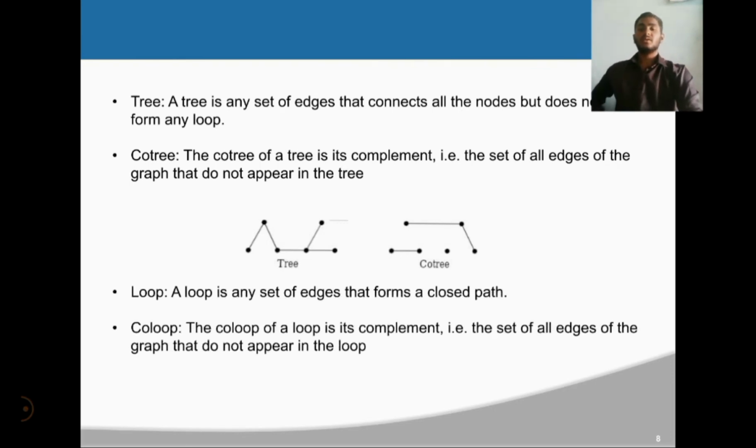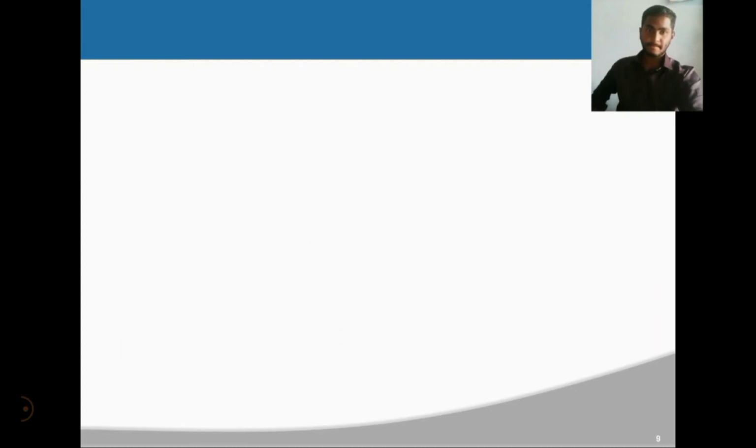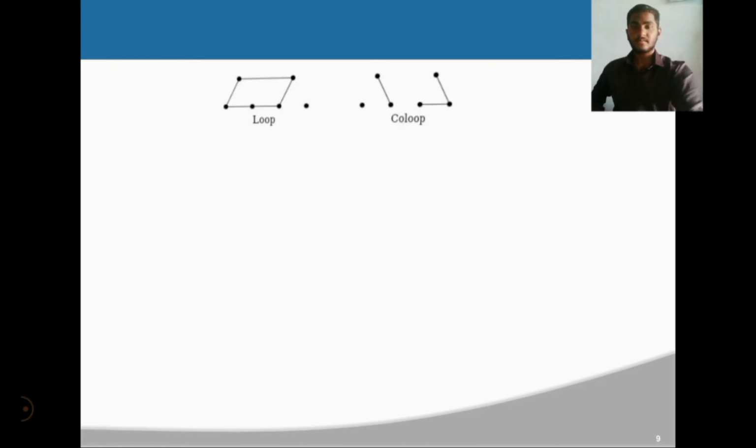Loop. A loop is any set of edges that forms a closed path. Co-loop. The co-loop of a loop is its complement, that is, the set of all edges of the graph that do not appear in the loop. Loop and co-loop.